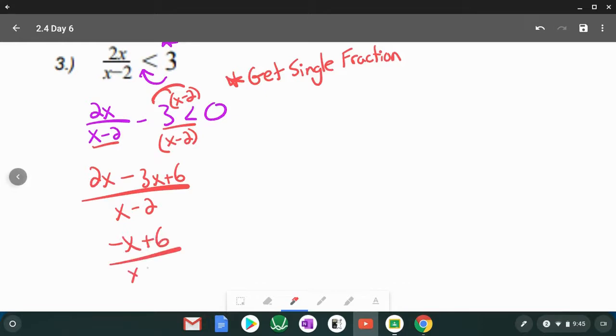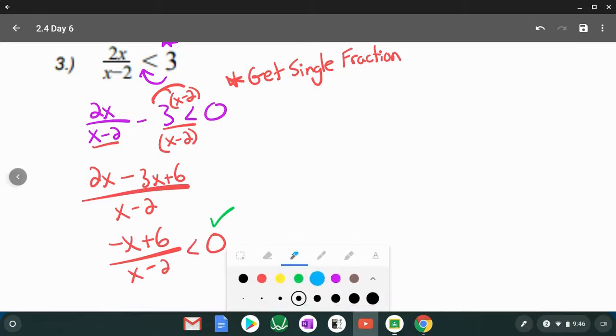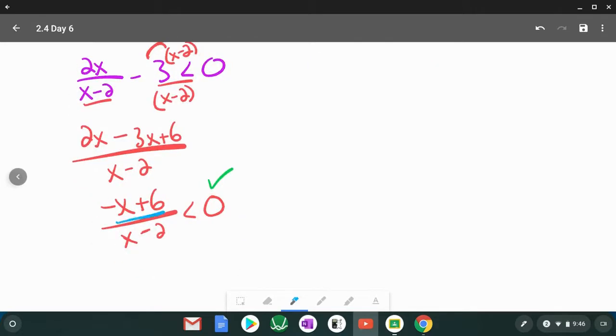And then once you have that single rational expression on the left side, now we're at a spot where we can go ahead and finish the problem. And at this point, we're just following all the steps that we did on the first page. So our key numbers, if we solve them, we know negative x plus 6 equals 0. So x equals 6 and x equals 2.